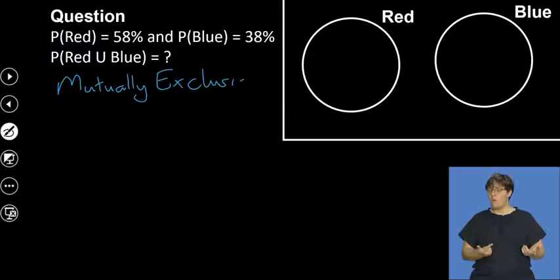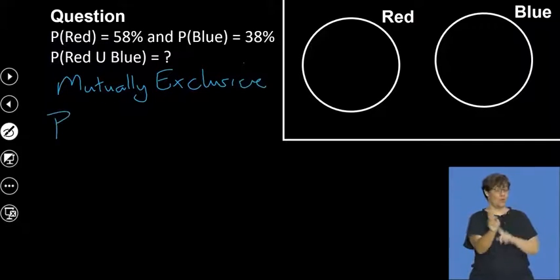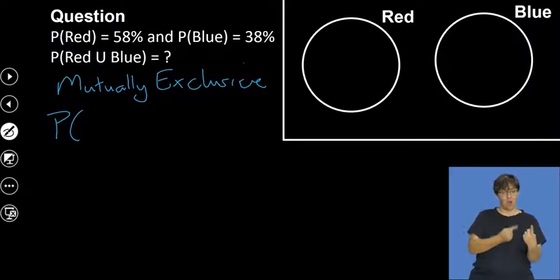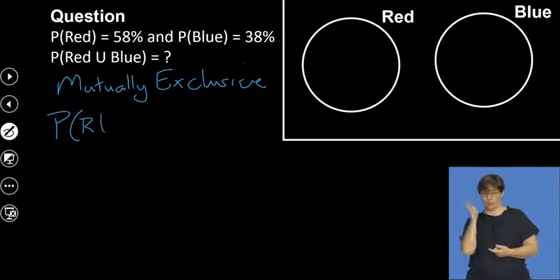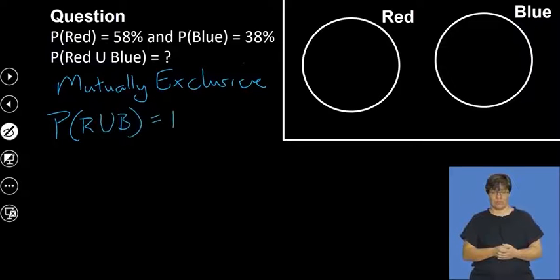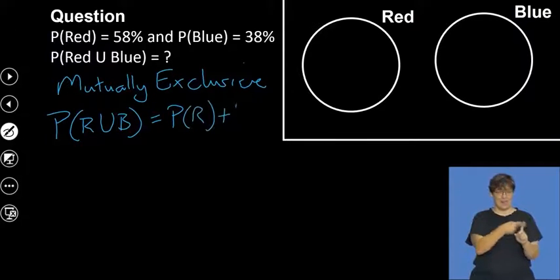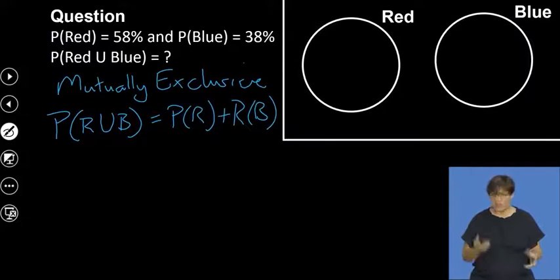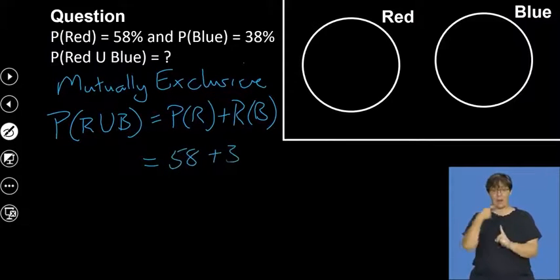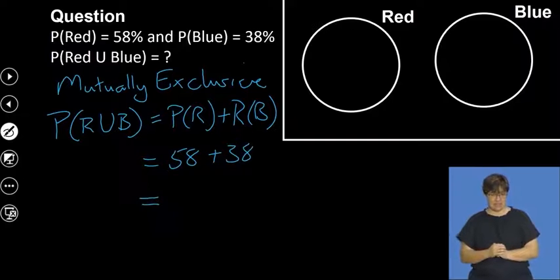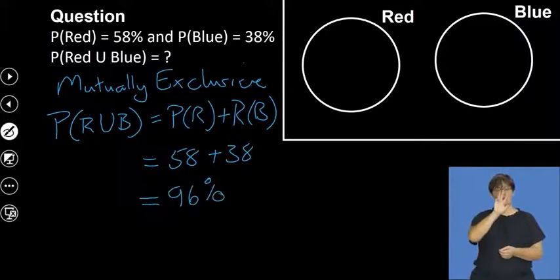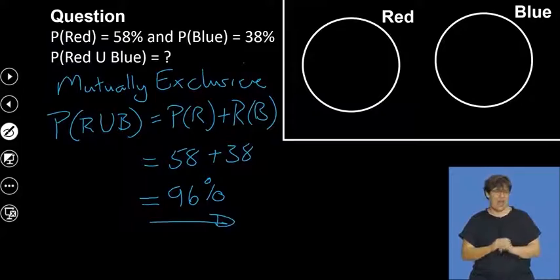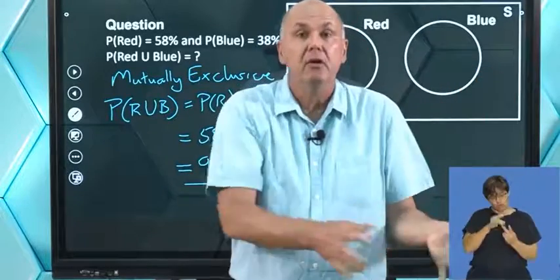So we can apply our rule of the OR function here, the probability of either choosing red or blue is going to be the probability of red plus the probability of blue. And if you do that, it's not difficult to see that we're going to add these two together. 58% plus 38%, and I think that you can see that comes to 96%. So there's a 96% of him choosing either the red or the blue.